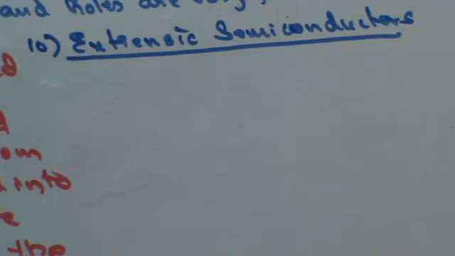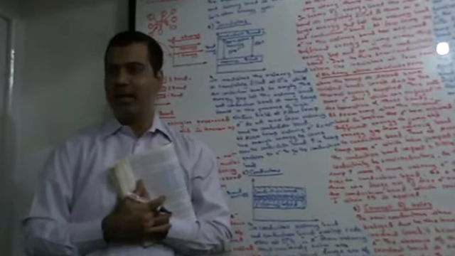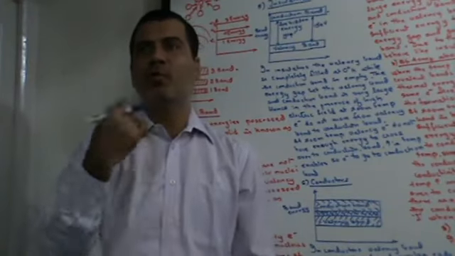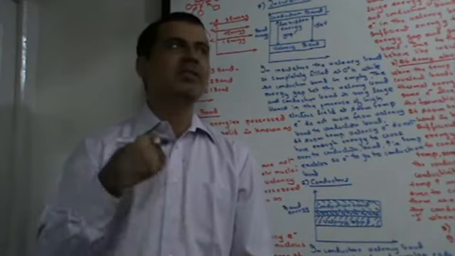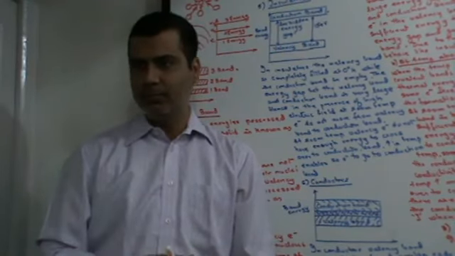If I dope the semiconductor with an atom whose valency is 3, then the number of holes will be greatly enhanced. Since it would have more holes, such a semiconductor would be called a p-type semiconductor.